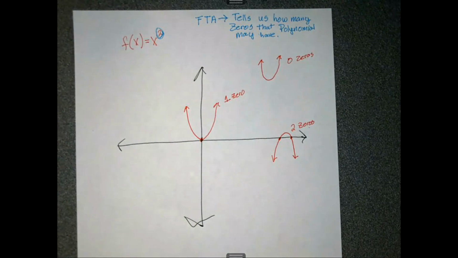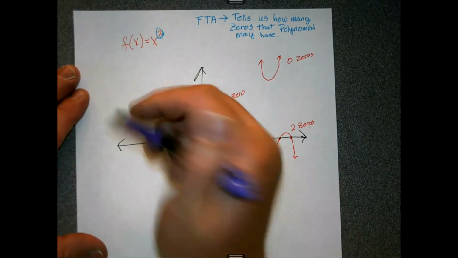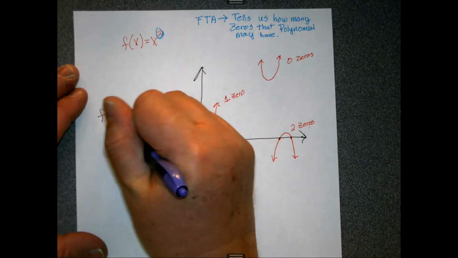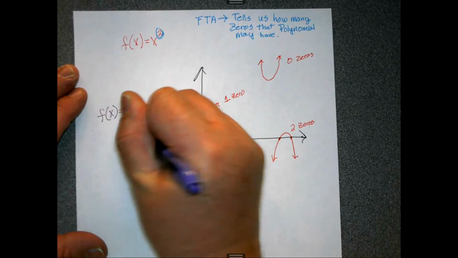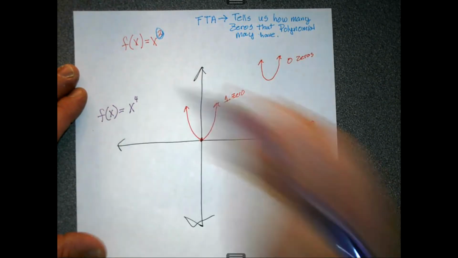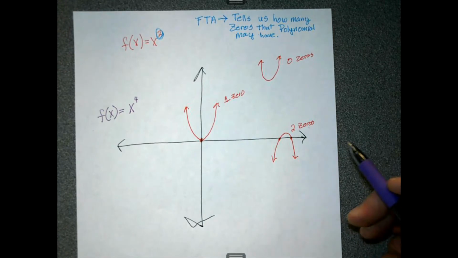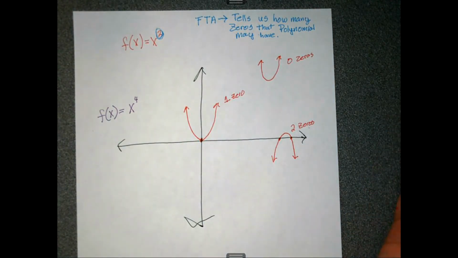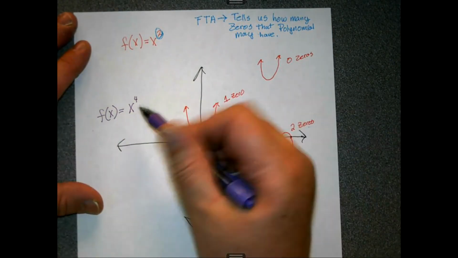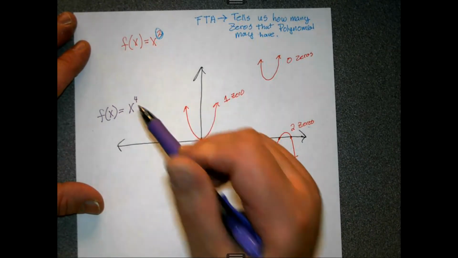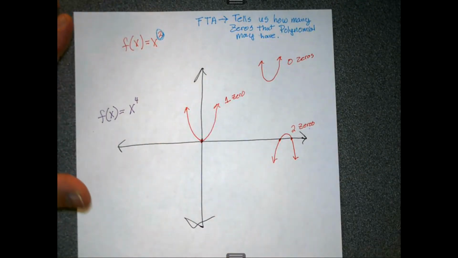Okay, I'm going to graph the function f of x equals x to the fourth. Okay, we know it's a parabola, so it could have up to 4 zeros, but I'm going to make one of those zeros bounce off the x-axis, kind of like this one.